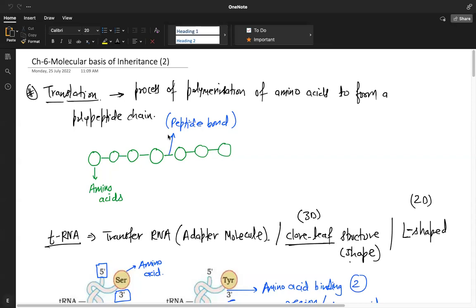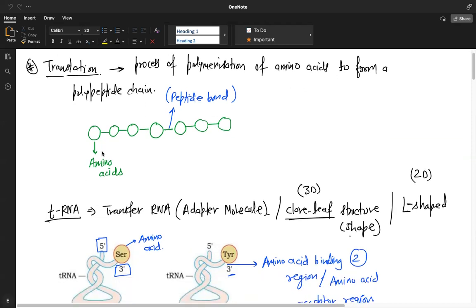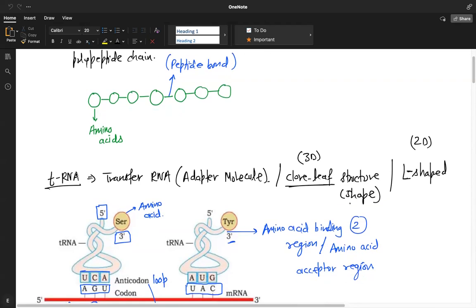So we started with translation, and as we know, translation is the process of polymerization of amino acids to form a polypeptide chain, right? Just like transcription was the polymerization of nucleotides to form an RNA, here it is amino acids. Now, two amino acids are joined together by a peptide bond, as I've told you.